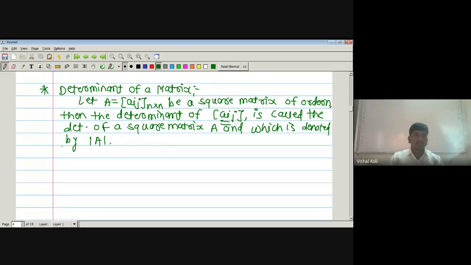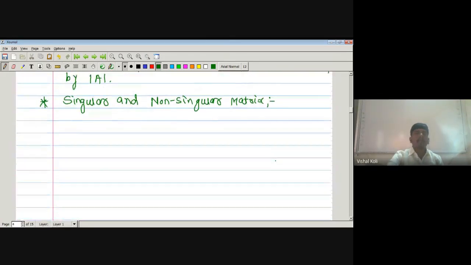Okay, now there are some types of matrices, that is singular and non-singular matrix. When do we say that the corresponding matrix will be singular, and when is it non-singular?